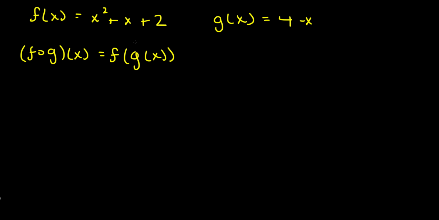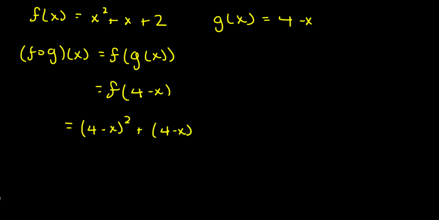All right, using substitution, I get f of 4 minus x. Anywhere there's an x, replace with 4 minus x. So I get (4 minus x) squared plus 4 minus x plus 2. Okay, so this one, we do have to make it 4 minus x times 4 minus x, and use distribution or FOIL to solve that.